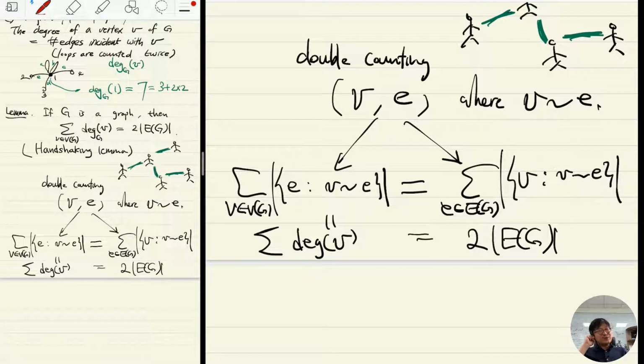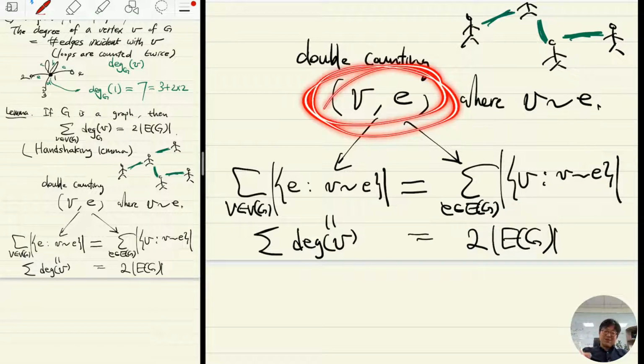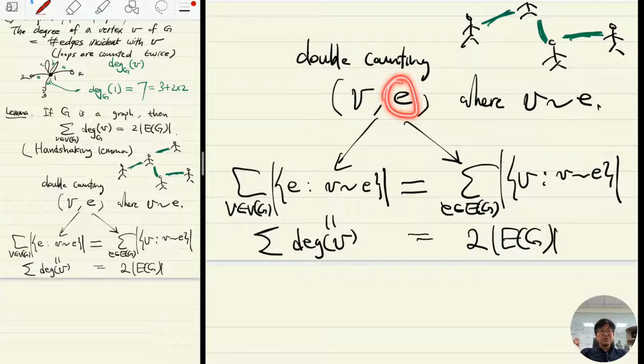All right, if you make loops counted only once, then this equality doesn't hold. So what you do is modify the definition of the degree, so that degree now counts 2 for loops. Then for each loop edge, this number is counted twice. So we have to modify this, right? Whenever E is a loop, then you have 2 sets of this type.